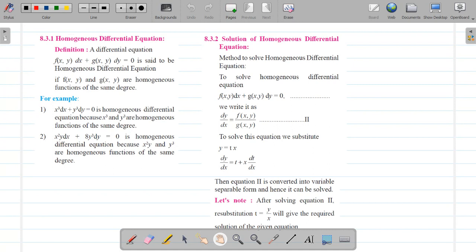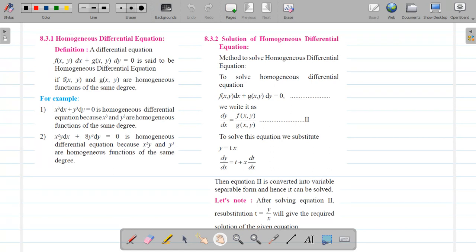Next, suppose x square y dx plus 8 y cube dy. If you observe the terms, there is a term x square y. The degree of x is 2 and the degree of y is 1, so the degree of the total term x square y is 3. Similarly, the term 8y cube has degree 3. See, the index means the degree.